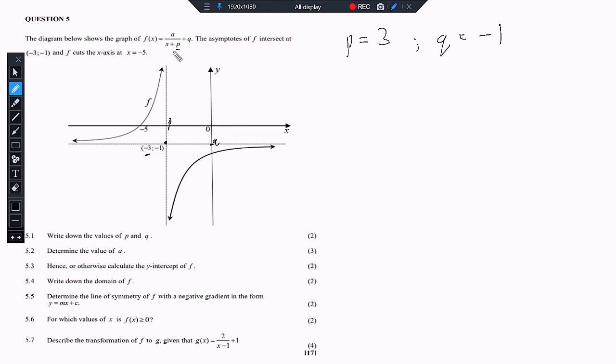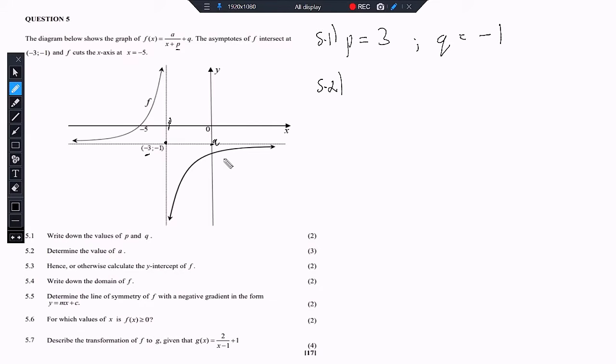So note very carefully how you should write the value of p. You should always check what sign it has here, and it must always have the opposite sign here. If it is negative, then here it must be positive. If it was positive, then here it was supposed to be negative. I hope I make sense there.